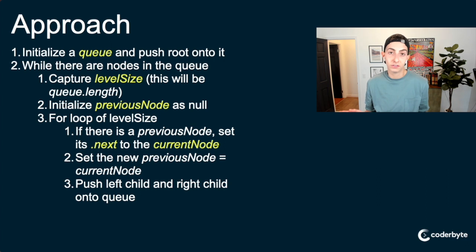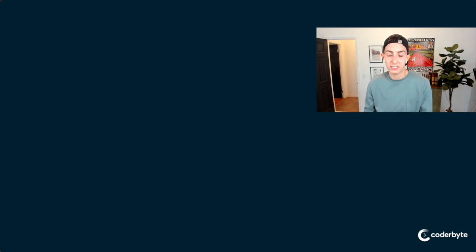So our last iteration of the for loop, our current node will be equal to the last node in the level. And so it will just have its .next equal to null, and then we will restart our while loop, where we'll be on our next level, previous node will be null, and we will start again. So pretty straightforward. Let's watch a little visualization of this approach.